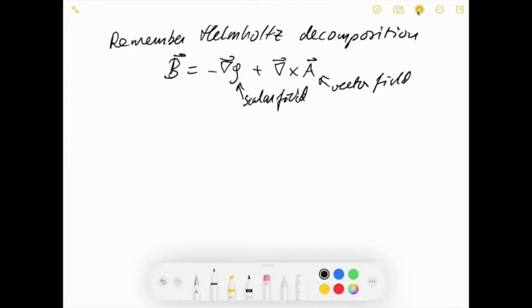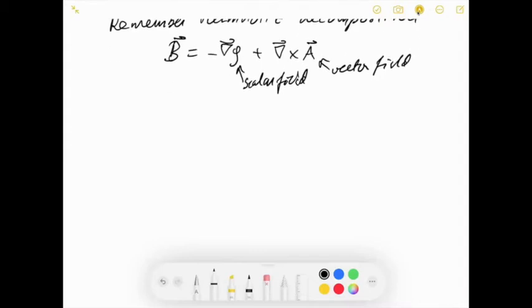So without loss of generality, except we're ignoring the scalar field like I mentioned in the introduction, we should be able to reformulate our laws that are talking about magnetism and how currents generate magnetic fields.